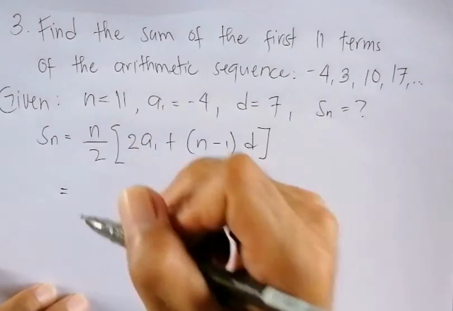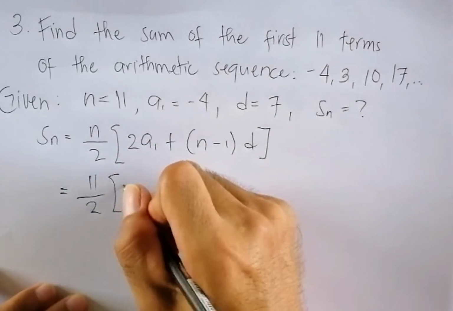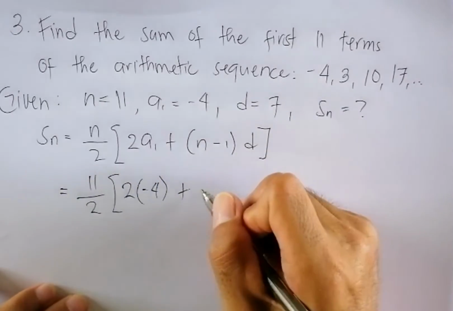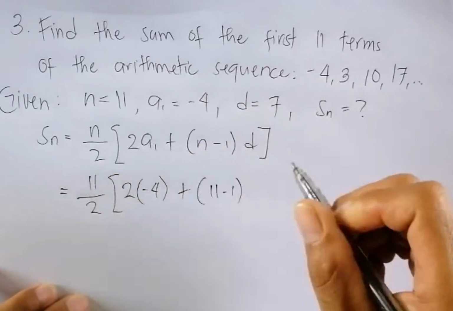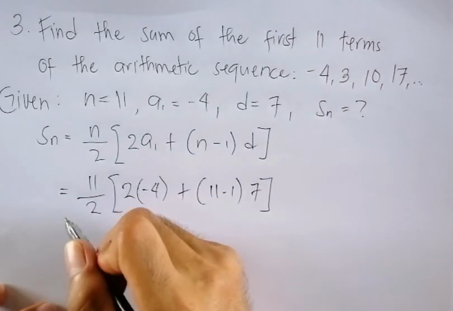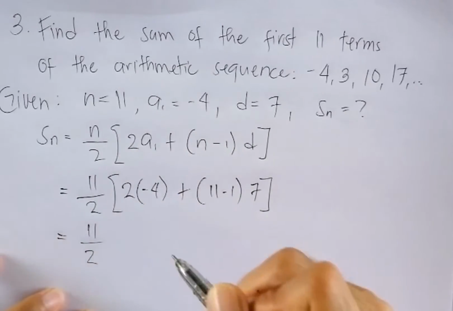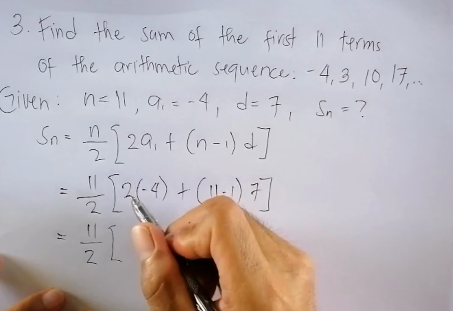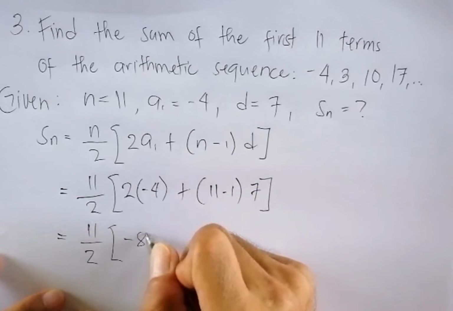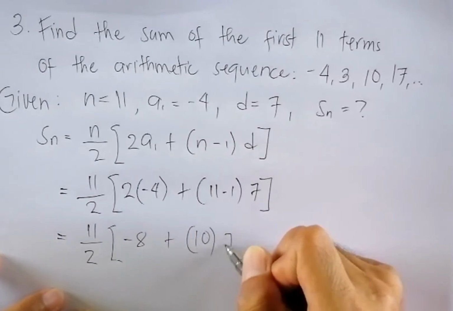So that is equal to 11 over 2 times 2 times the first term, negative 4, plus the quantity 11 minus 1 times the difference, 7. That is equal to 11 over 2 times 2 times negative 4, which is negative 8, plus 10 times 7.